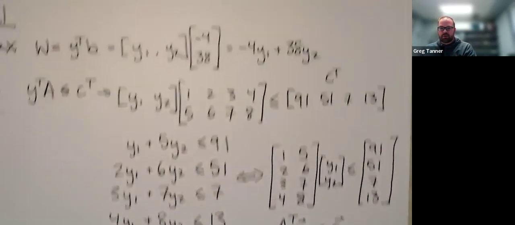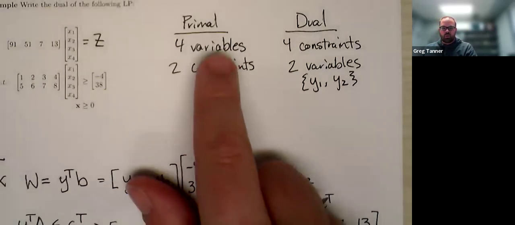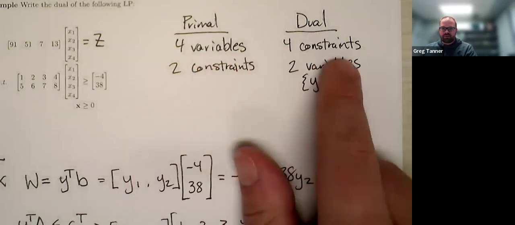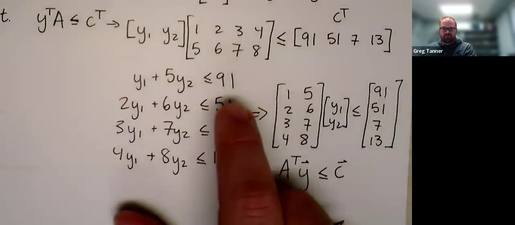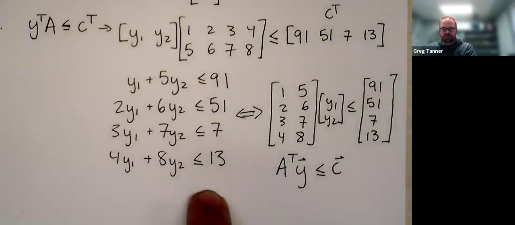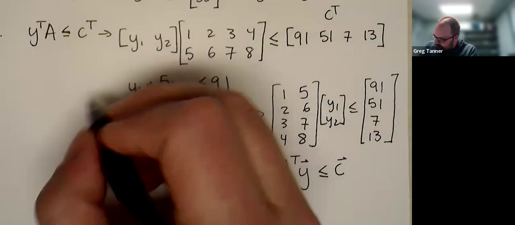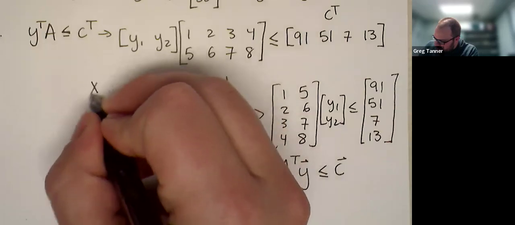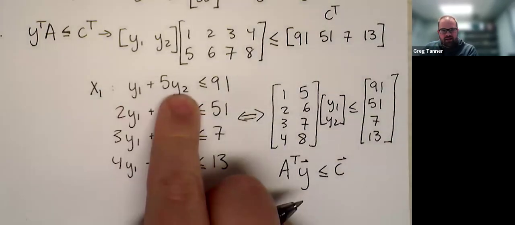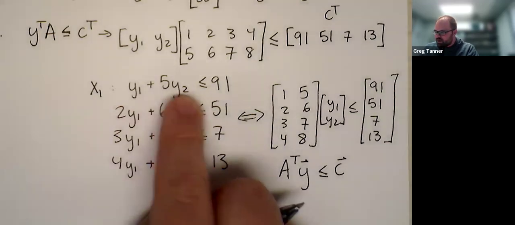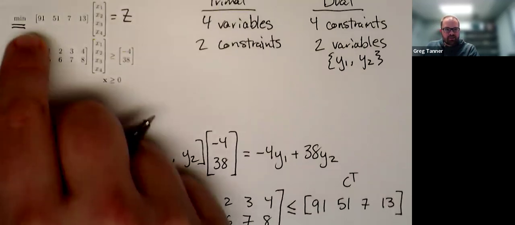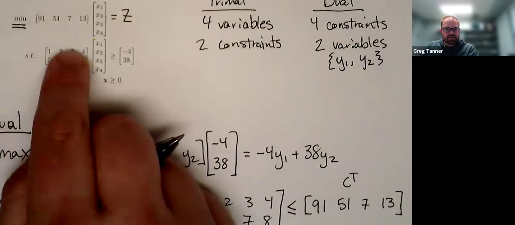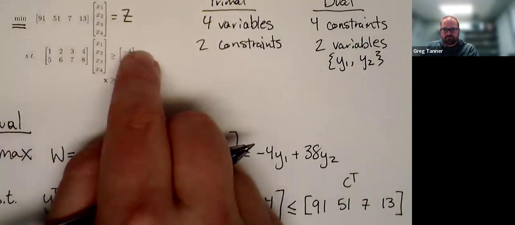The main thing to note is that we swapped variables to constraints and constraints to variables. And so each of these constraints, we can actually label them. This one all came from the x1 variable in the original problem, in that the 1 and 5 that we've got here were exactly what was multiplying by x1 in these constraints.